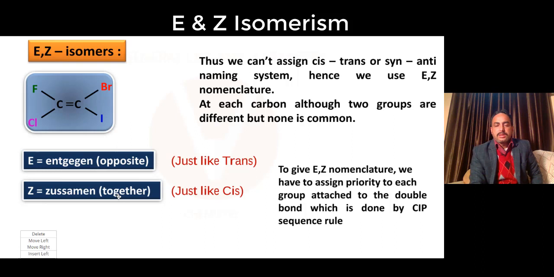So when in a compound we cannot assign cis-trans isomerism or syn or anti naming system, then we will use E and Z nomenclature.